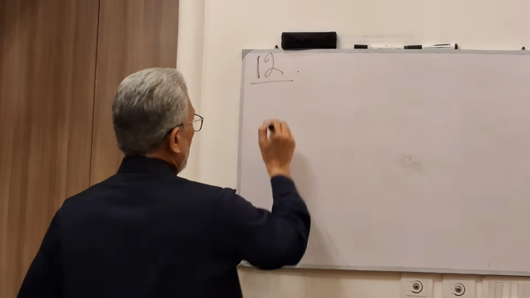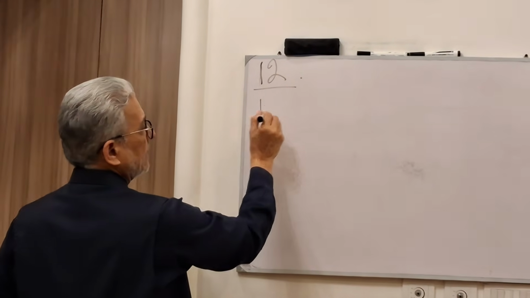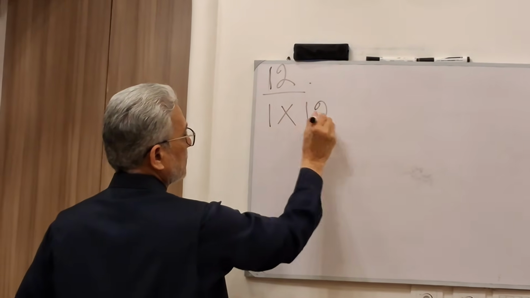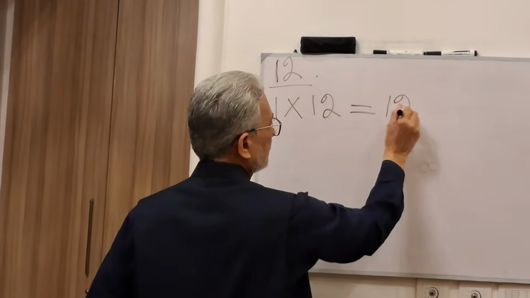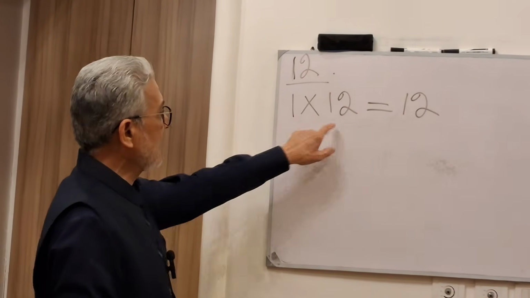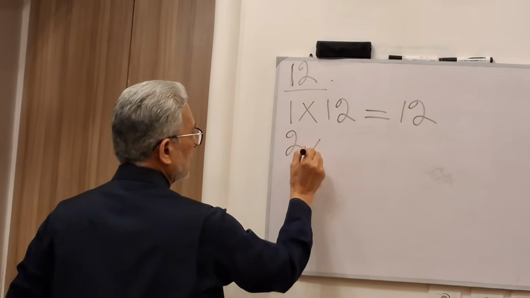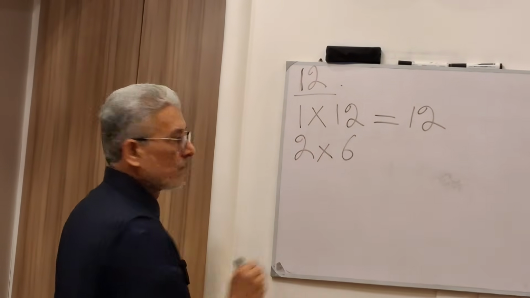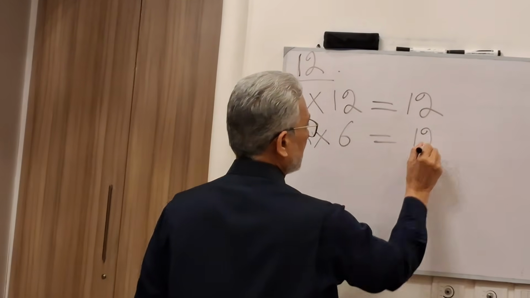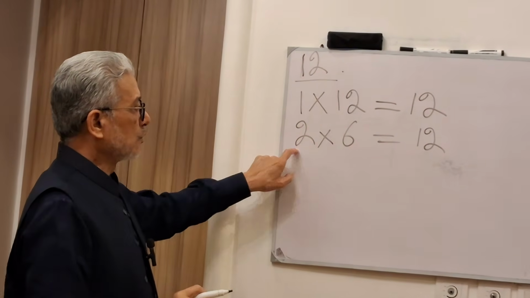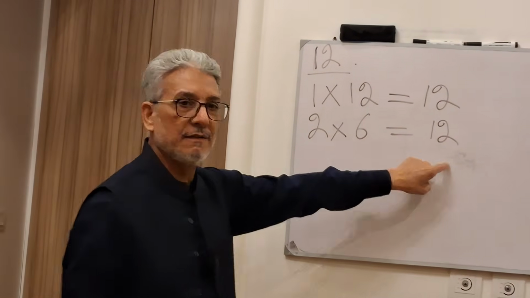Okay. If you multiply 1 with 12, you will get 12. So 1 and 12 both are factors. And if you multiply 2 with 6, you will get 12. So these 2 and 6 both are factors of 12.